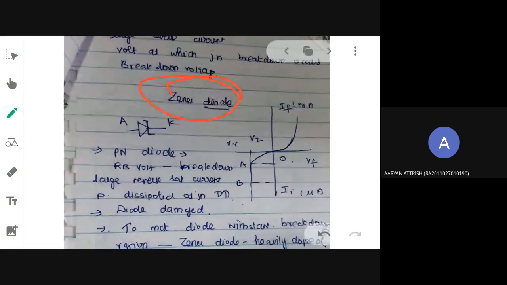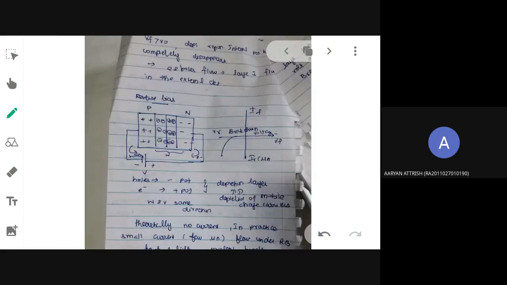Because the original PN junction diode is not capable of withstanding the breakdown at reverse bias. Okay, because what is avalanche breakdown again? Very important question. During reverse bias, I already told you that this PN junction diode will not be conducting.